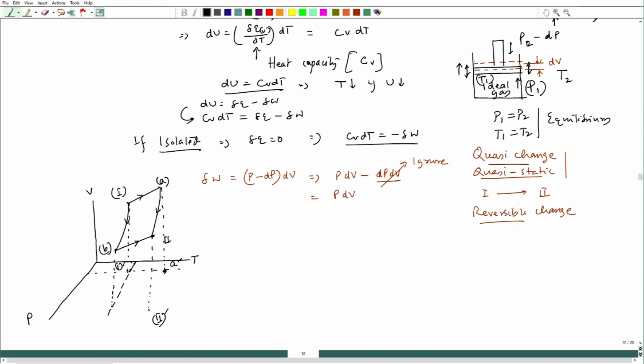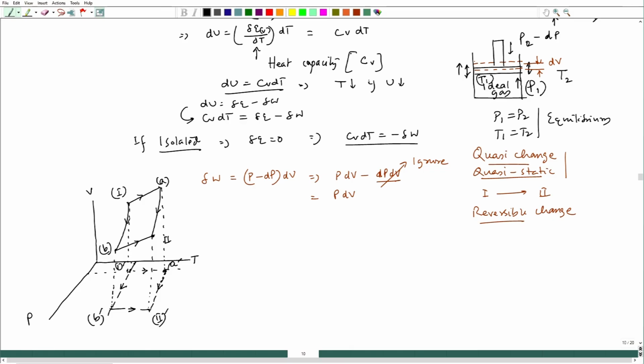A to 2 is a constant temperature process, and then 1 to A is a constant pressure process, and B to 2 is a constant pressure process. So this is the change that is taking place. The projection is basically B prime.